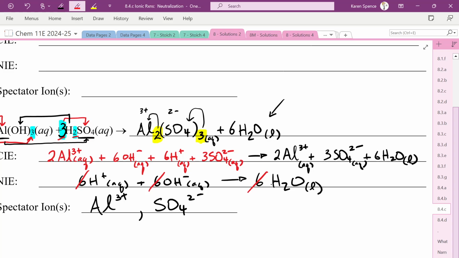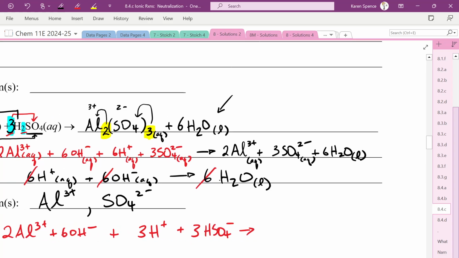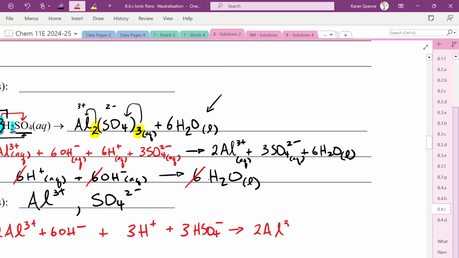I understand. So if we wanted to actually do it correctly, it should be 2Al 3 plus, 6OH minus, 3H plus, 3HSO4 minus goes to 2Al 3 plus, 3SO4 2 minus plus 6H2O.